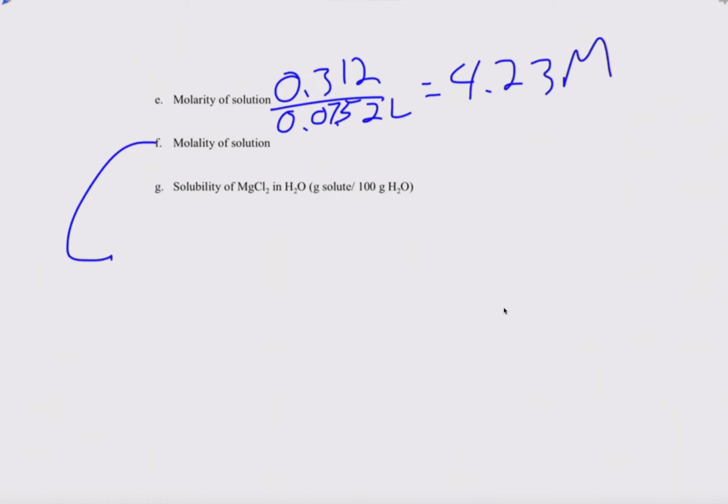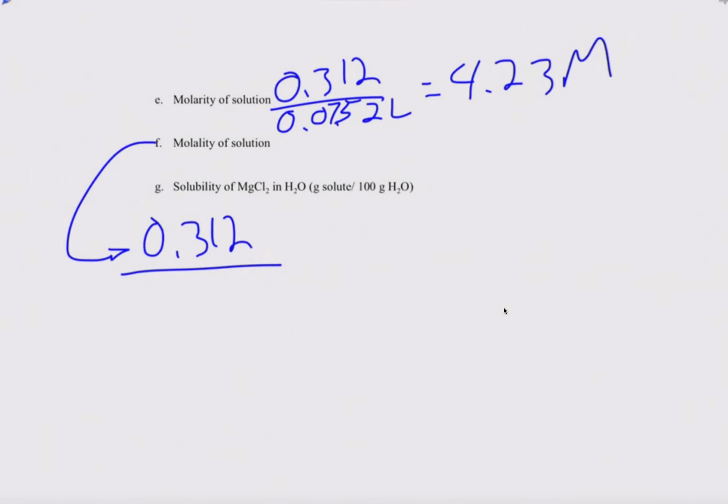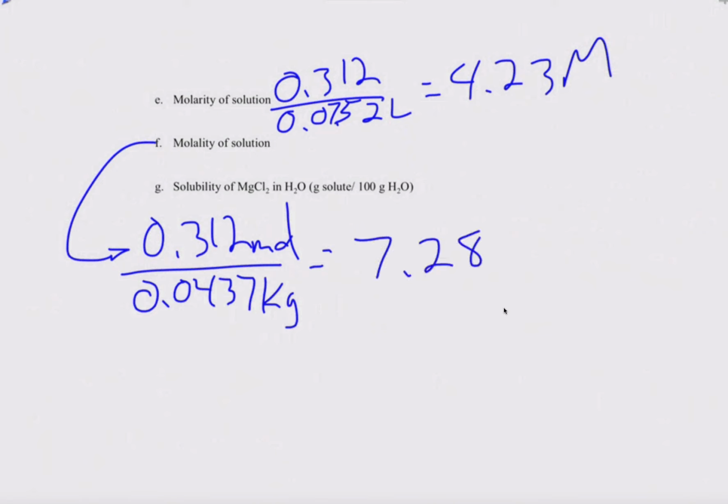The molality of the solution is moles per kilogram of solvent. Well, it's 0.312 moles of magnesium chloride, and the solvent was 43.7 grams, which means 0.0437 kilograms. When we divide that, we get a molality of 7.28 molal.